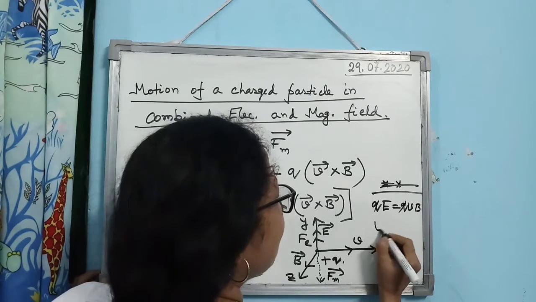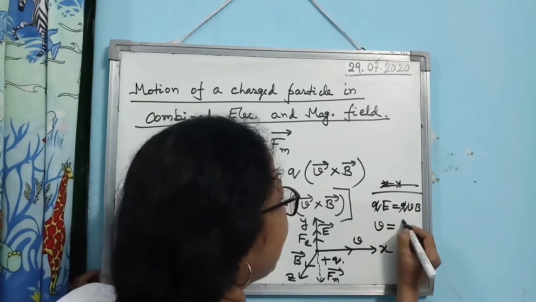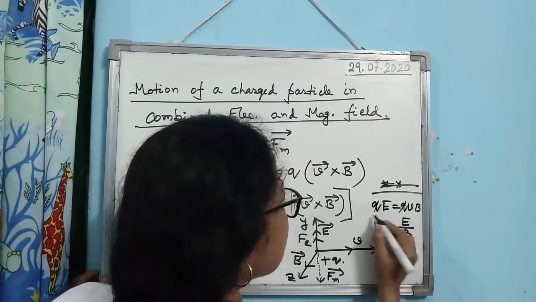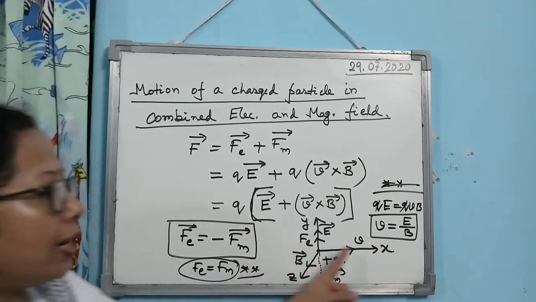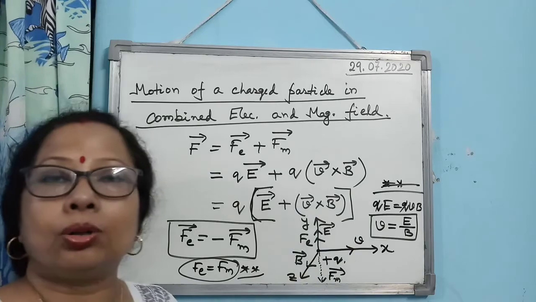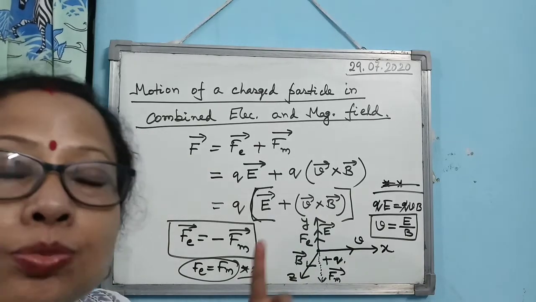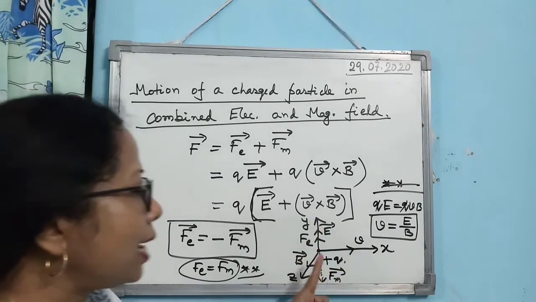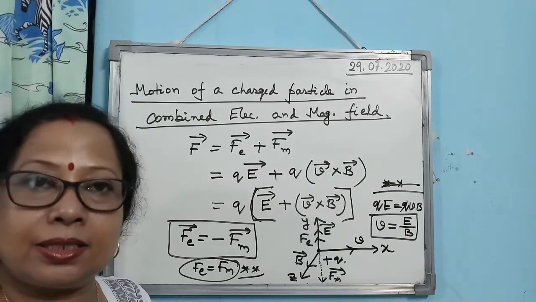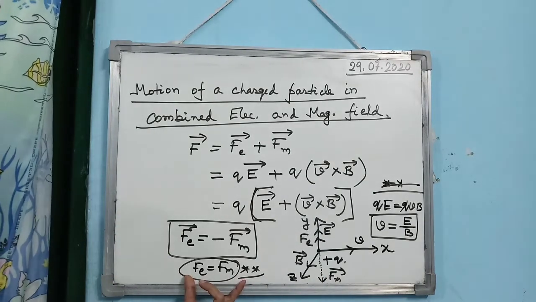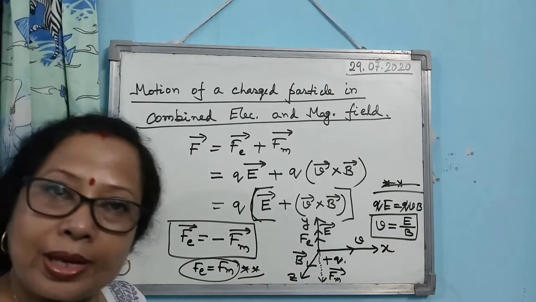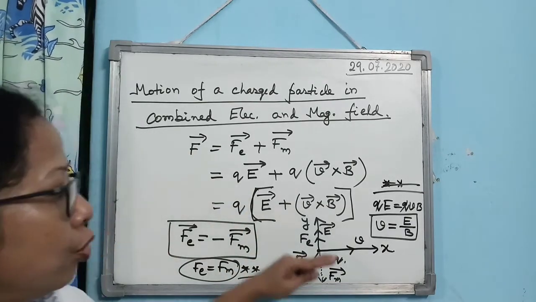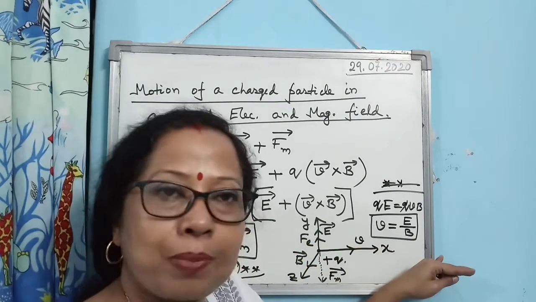Then you see what will be the velocity of the charged particle? E by B. So if this condition is satisfied, then what will happen? Although the charged particle is moving in an electric and magnetic field, the net force experienced by the charged particle will be 0, and it will move along the same straight path.